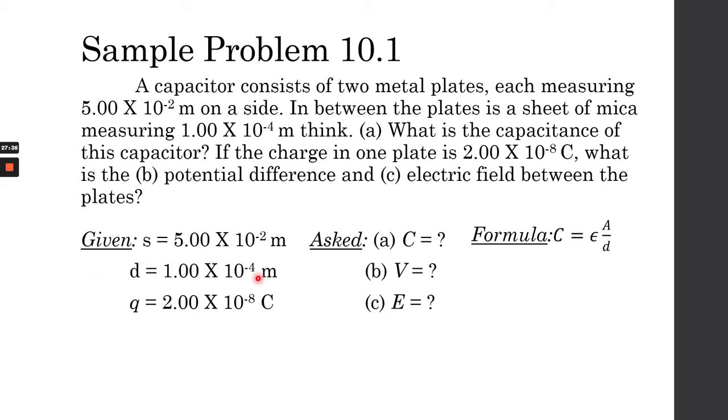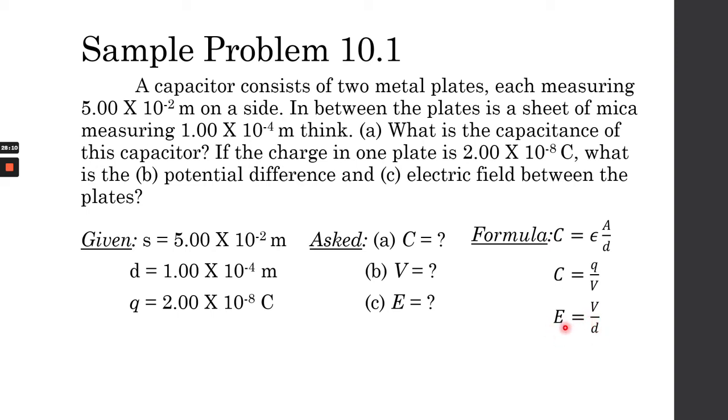Since we are given the distance and one measurement of the side, we can measure for the area and we can solve for the capacitance using this formula that we discussed earlier. And to solve for V, the potential, we can use the very first equation that we discussed. And to measure the electric field, we can use an equation that we discussed in lesson 8 and lesson 9.